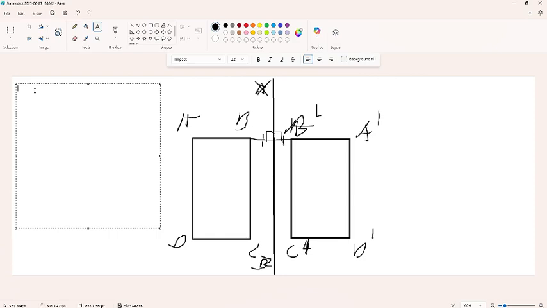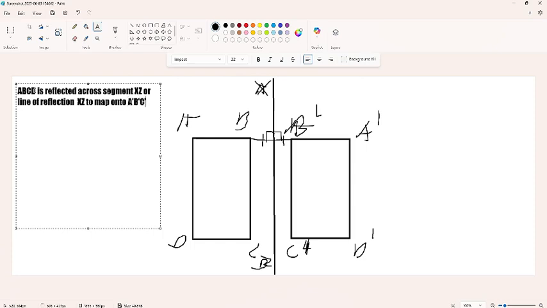This is helpful because we can therefore say that ABCD is reflected across line of reflection XZ to map onto A prime, B prime, C prime, D prime.